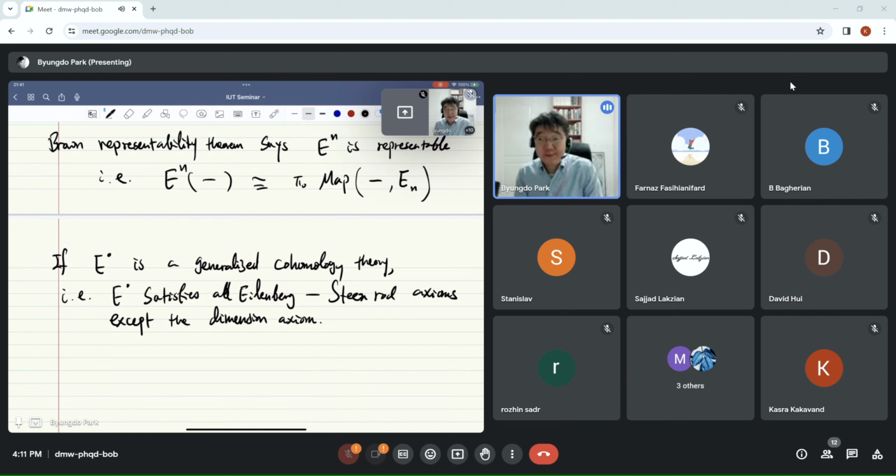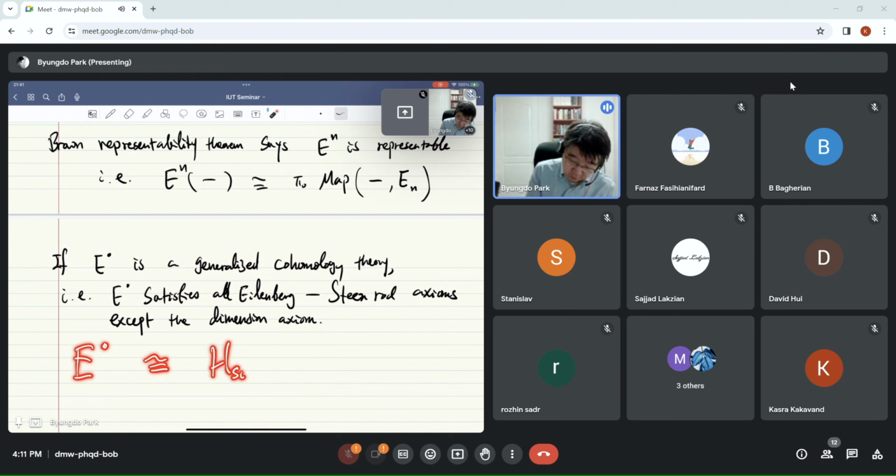There are 5 axioms which are called the Eilenberg-Steenrod axioms. If this functor satisfies all these 5 axioms, then E flat is naturally isomorphic to the singular cohomology that you already know.